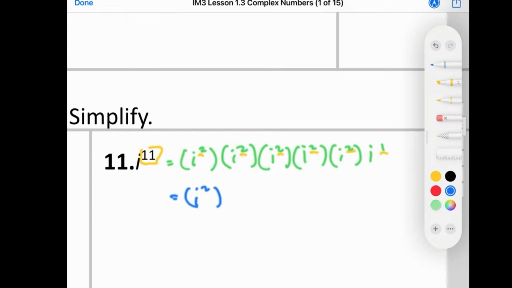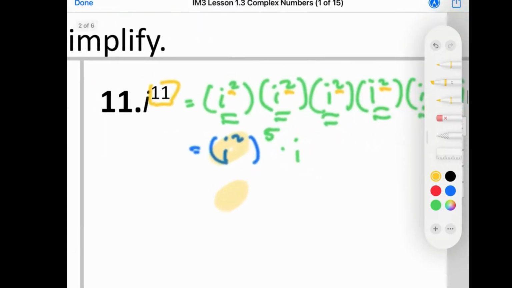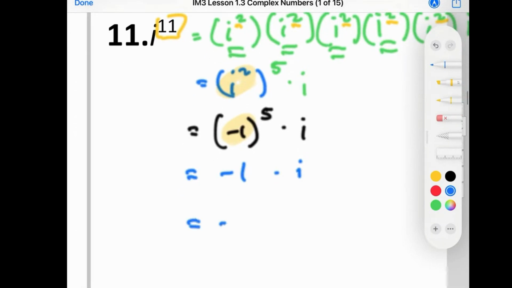How many of those do I have? 1, 2, 3, 4, 5. And if we just said i squared equals negative 1, then I can say all that is equal to negative 1. Negative 1 to the 5th power, you put in your calculator, is essentially just negative 1. So I have negative 1 times i, so we just call that negative i is your answer.